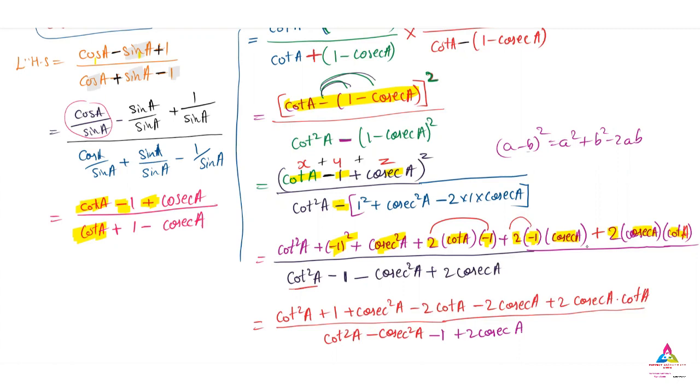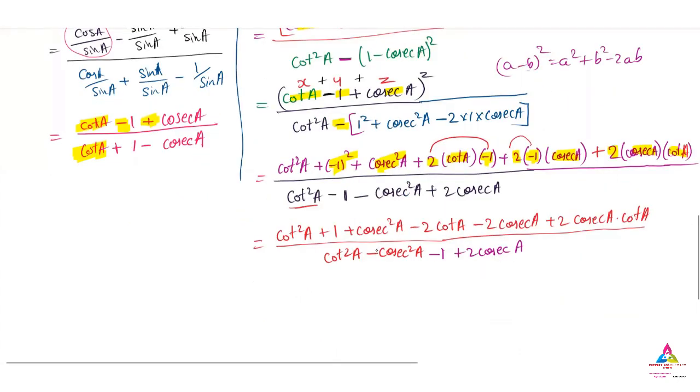In the next step, you will come to know why I have done this arrangement. I have written this cot square A and minus cosecant square A on one side, and this minus 1 and 2 cosecant A on another side. Okay. Next, we will have to go above now.